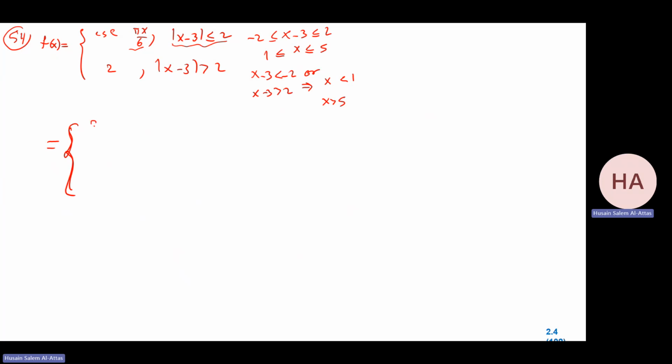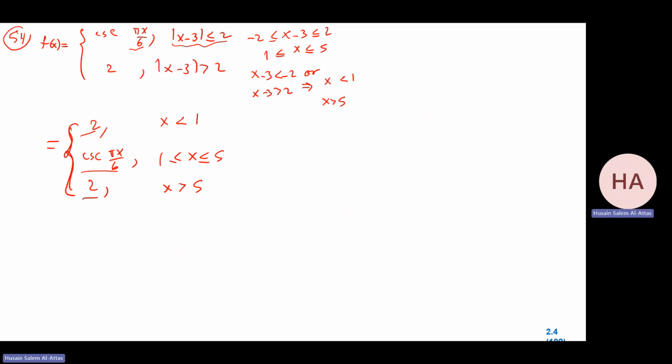Is 2 if x less than 1, and cosecant pi x over 6 if x between 1 and 5, and 2 if x greater than 5. Okay. Those functions are correct. Everything is correct. Everything is continuous. You have no problem there.